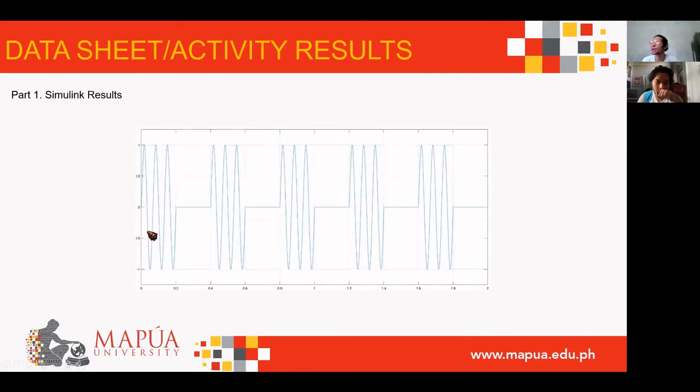And lastly is the ASK signal or the amplitude shifting signal, that is the product of the sinusoidal wave generator and the pulse generator. You can see there are durations where the amplitude is on, at 1 or -1, and at 0.2 seconds the amplitude is at 0, and it keeps repeating in this block diagram output.